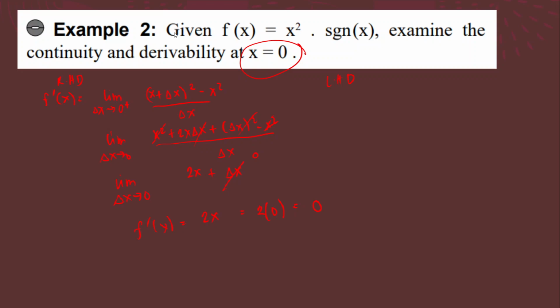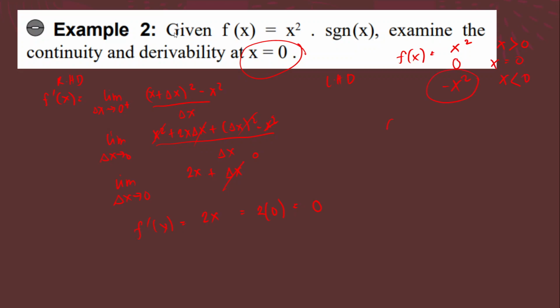Kasi ganito yan, function of x is equals to x squared kapag x is greater than 0, kasi pag greater than 0 automatic positive to, 0 if x equals to 0, negative x squared if x is less than 0. So gamitin natin ito sa left hand derivative.